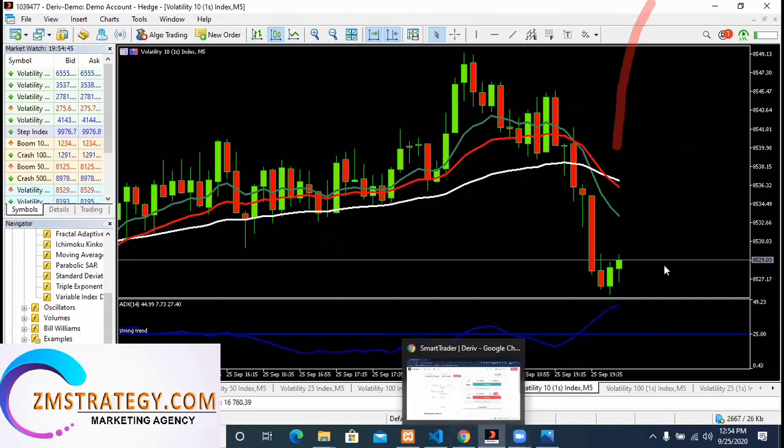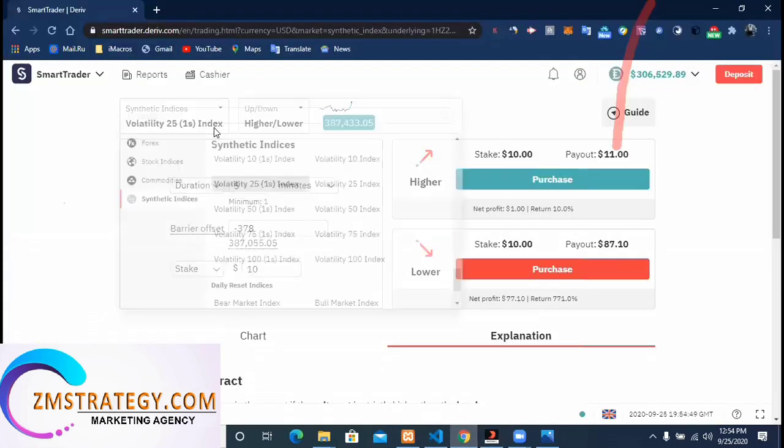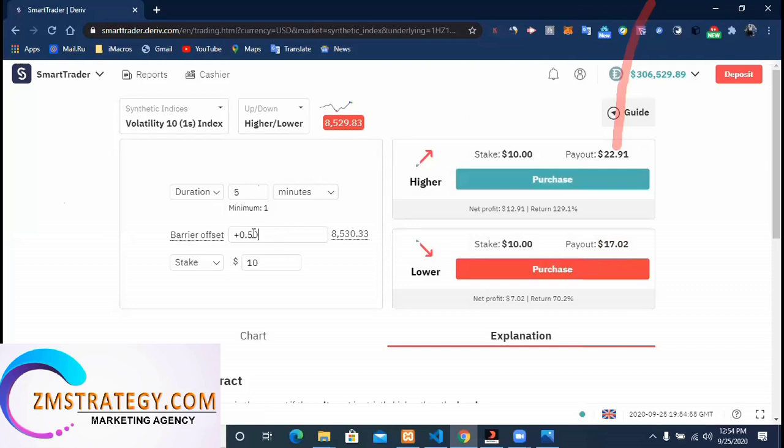Since I'm waiting for a pullback to occur, I will switch to Volatility Index 10 (1s). I'll go to it, then do all my settings.